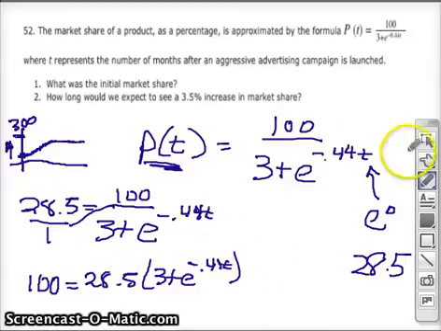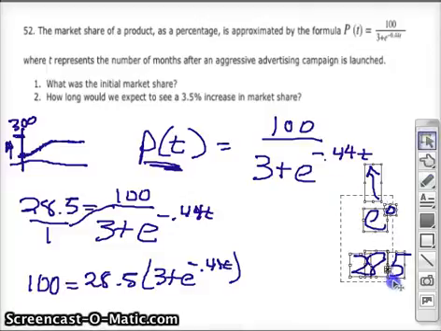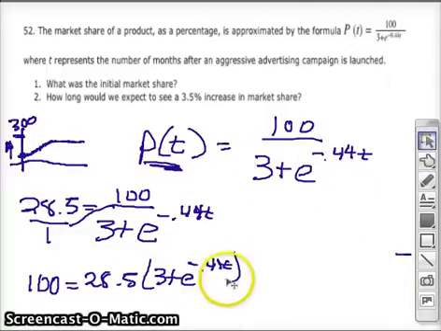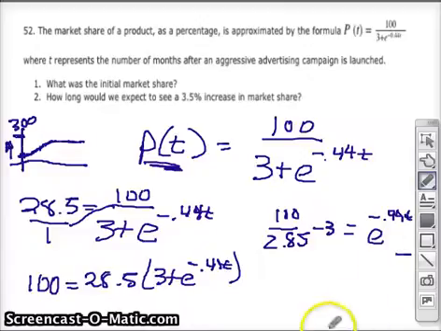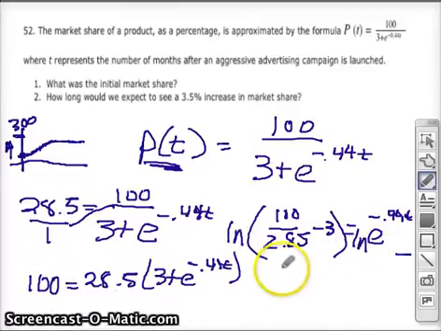Well, let's see. I could solve this for t just in my head. I go 100 divided by 2.85 minus 3. That's going to equal e to the negative 0.44 t. Now we're going to solve this for t by taking the ln of both sides. So the ln of this and the ln of this. So what we're going to have to do is divide this left side by negative 0.44.